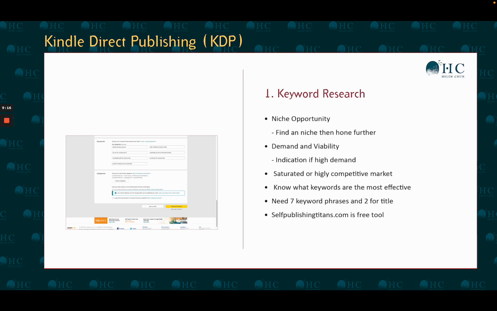Keyword research is the most important thing to do even before you decide what book to publish, because what you think is a great thing to publish may not be in demand. So by doing keyword research, you start to get into the arena of seeing what is out there.